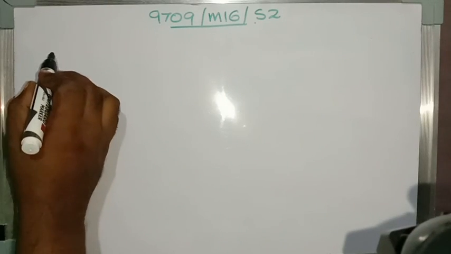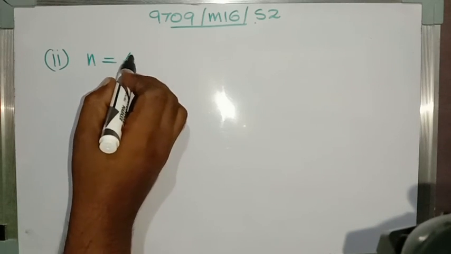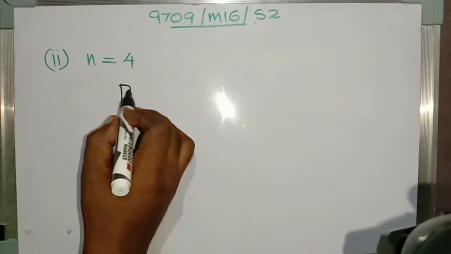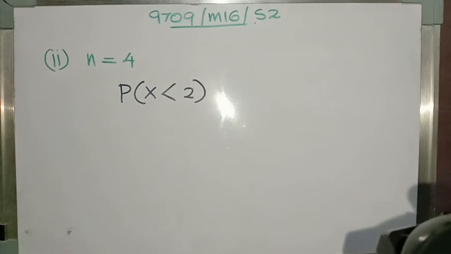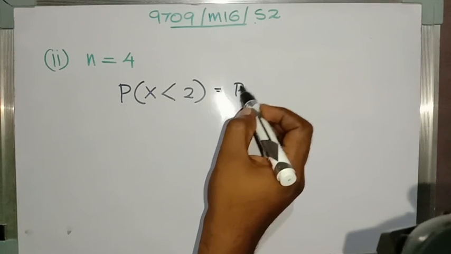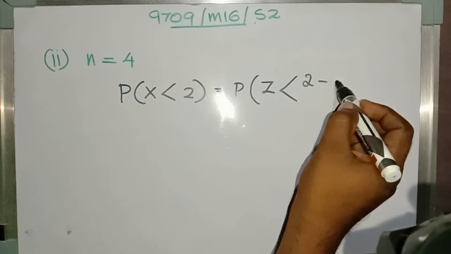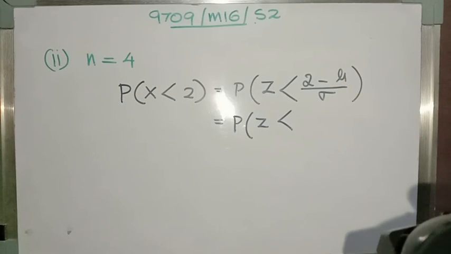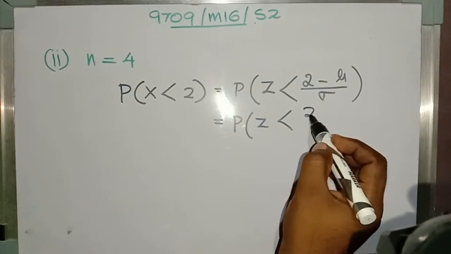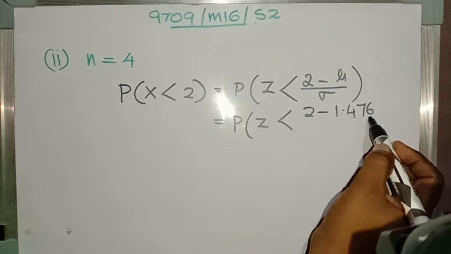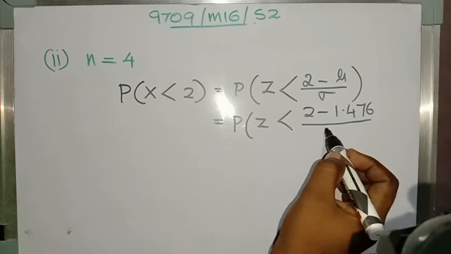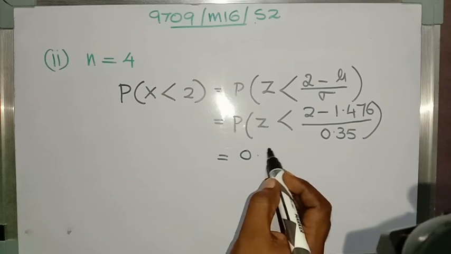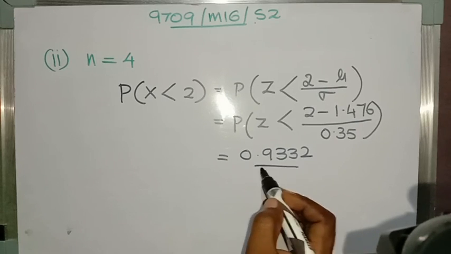In the next part of the question, it's given that n is equal to 4, and as per the question, when we calculate probability of x less than 2, we get it as probability of z less than (2 minus mu) by sigma, that is P of z less than (2 minus 1.476, as we calculated in part 1) divided by sigma as 0.35, which is equal to 0.9332 as answer.